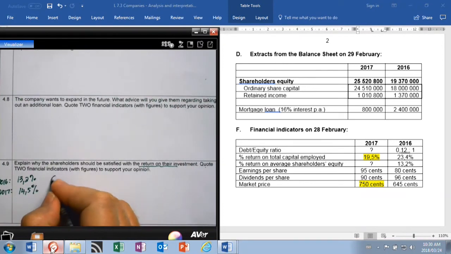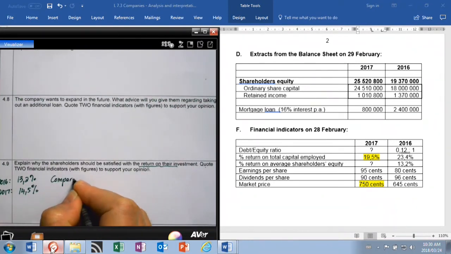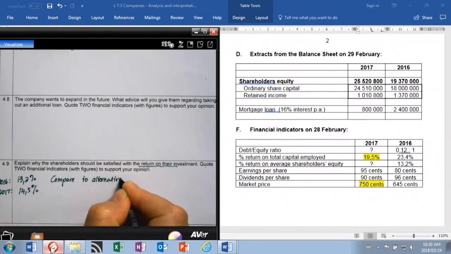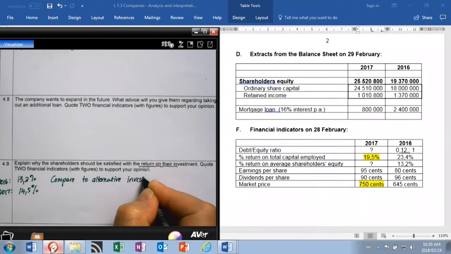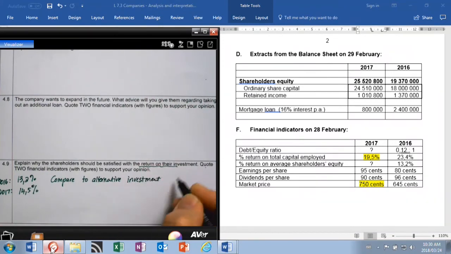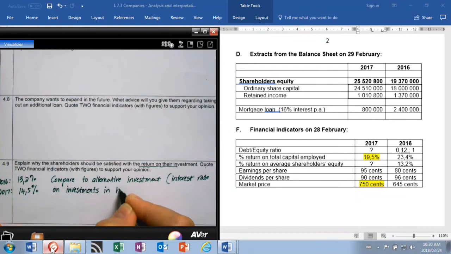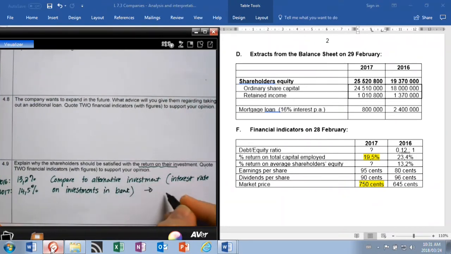If you compare it to alternative investments, remember that is your interest rate on investments in the bank, then I will not say that it is so high, because we always say between 7 and 11%.